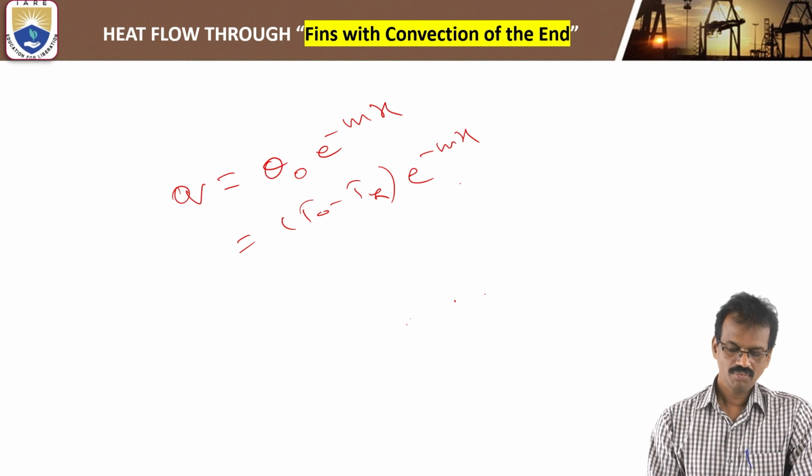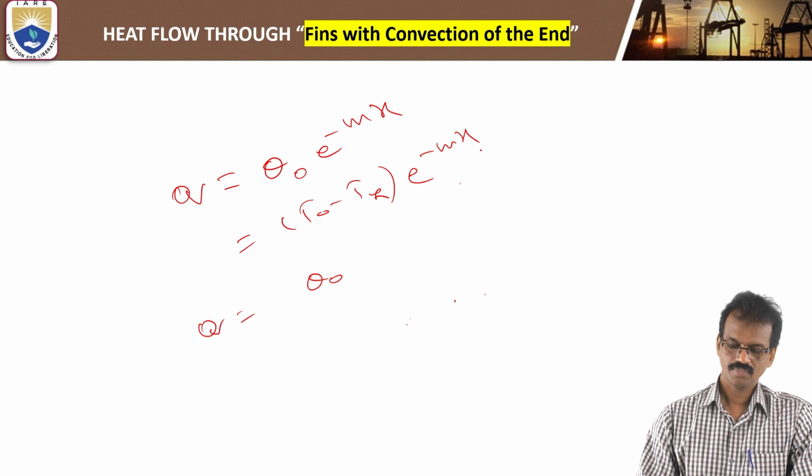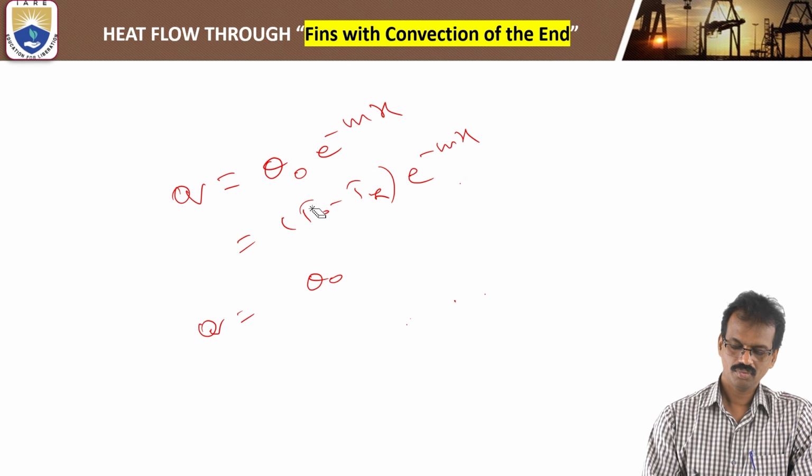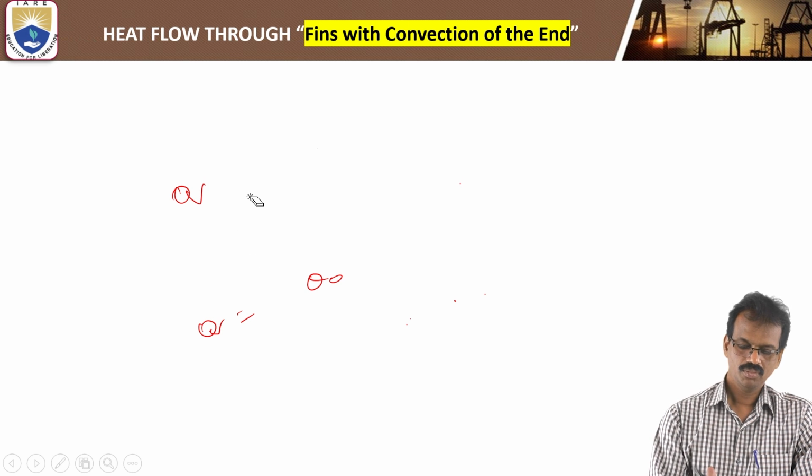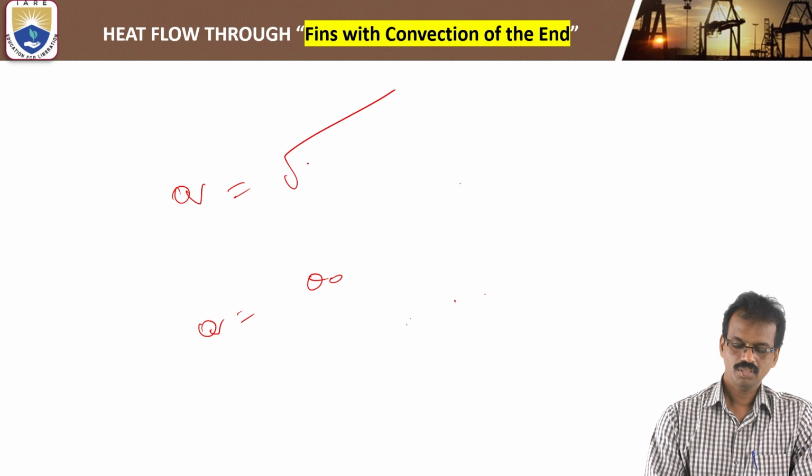The second one: Q is equal to the square root of hPkA theta naught.